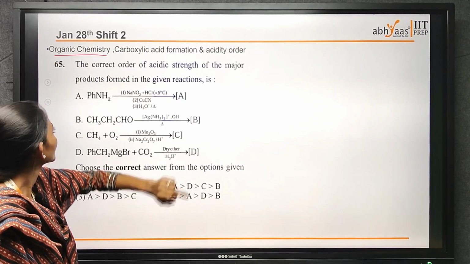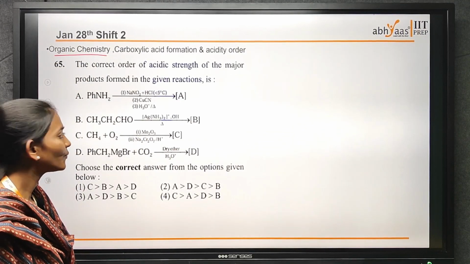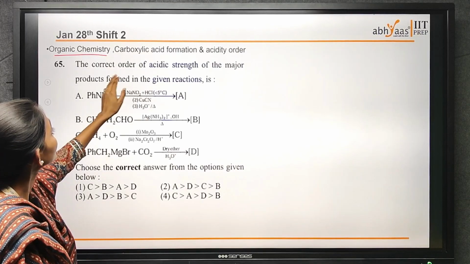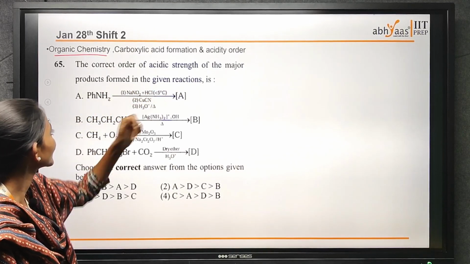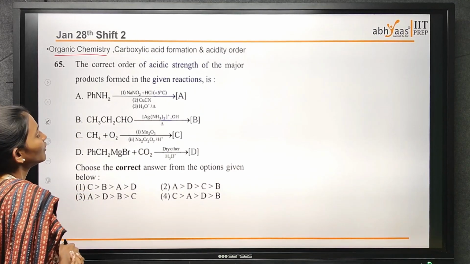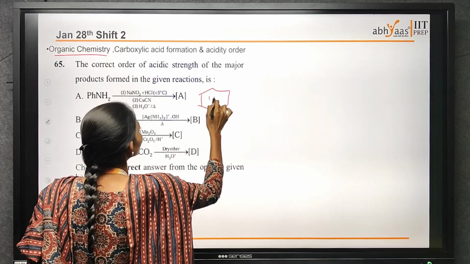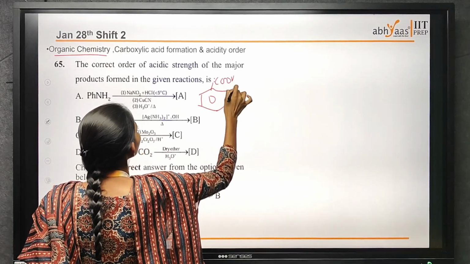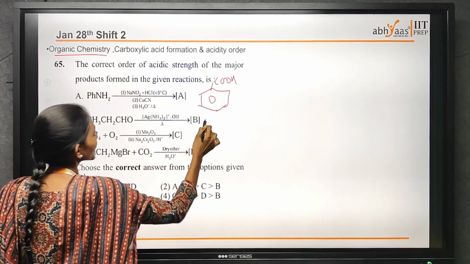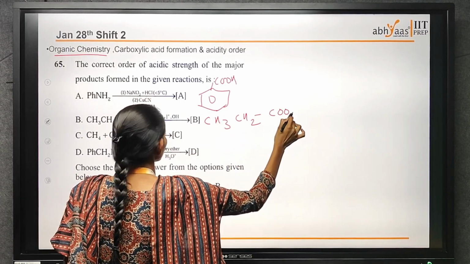This question is from organic chemistry, from carboxylic acids and acidity trends, right? So the correct order of acidic strength of the major products formed in the given reaction. If you see here, they have given a couple of reactions. We need to find products. Here you are getting carboxylic acid, right? So NH2 is converted into COOH. Here also you are getting the same CH3CH2COOH.